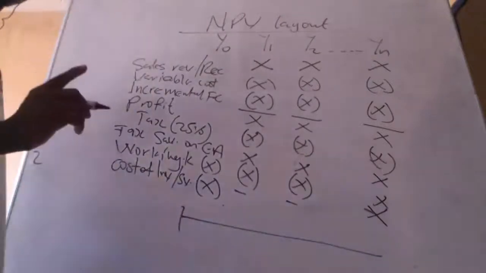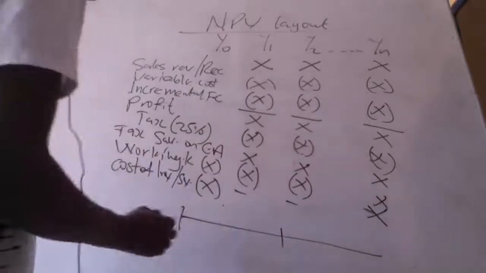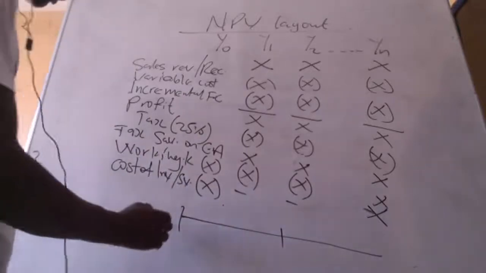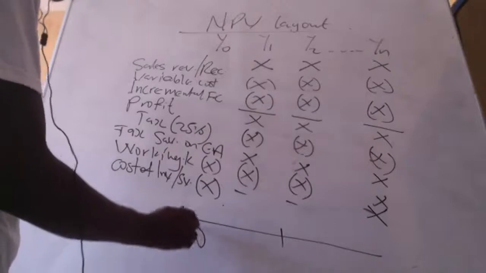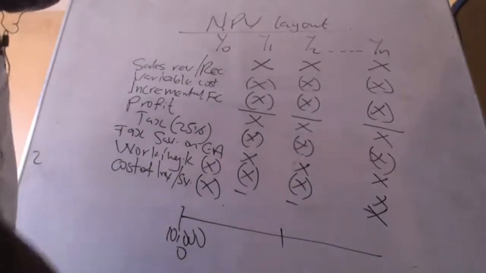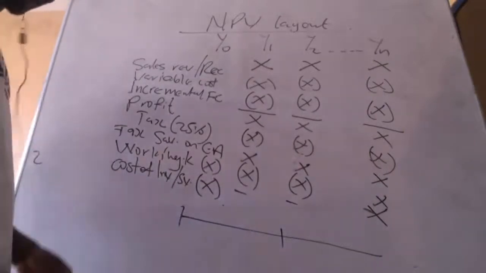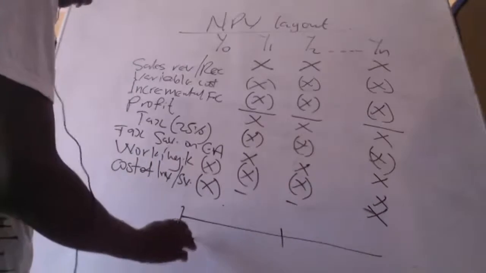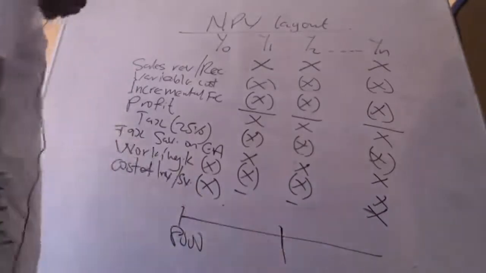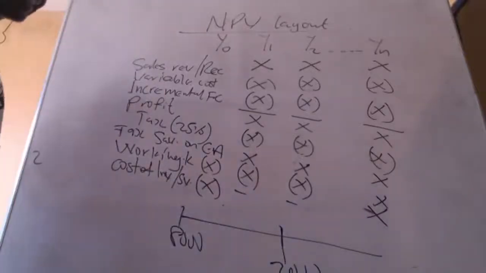It can be like this. I need 10,000 cedis to start my project. I can provide all the 10,000 cedis now. That's year 0. Or I will spread it. I will provide 80% now, that's 8,000, and then I'll provide the remaining 2,000 at the end of the second year.